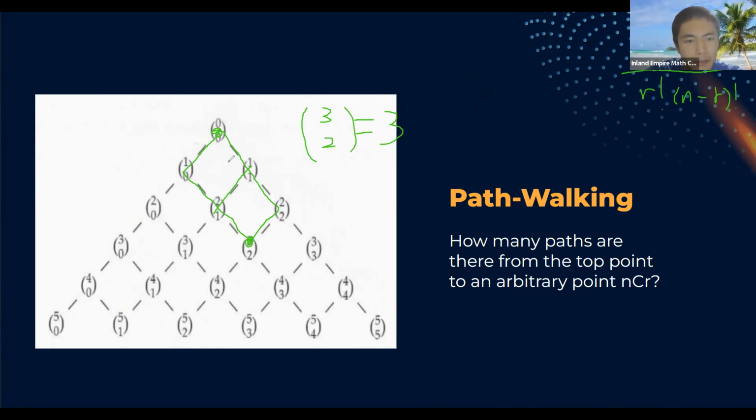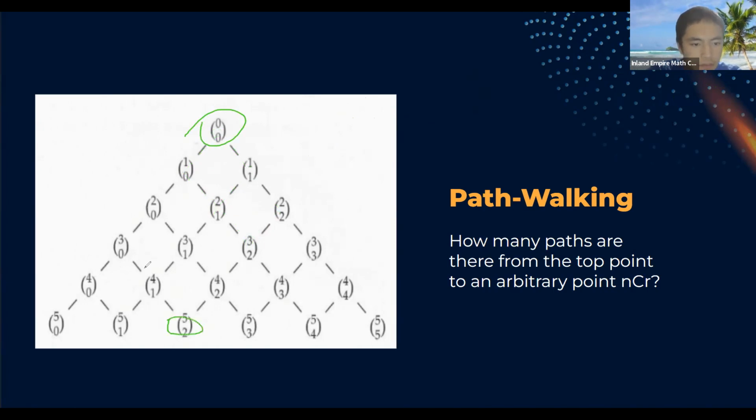Another example would be if you want to go to 5 choose 2, then you would be considering a grid like this. You would see that you have to go left 3 times and right 2 times. But it doesn't matter in which order, as long as you go left 3 times and right 2 times.